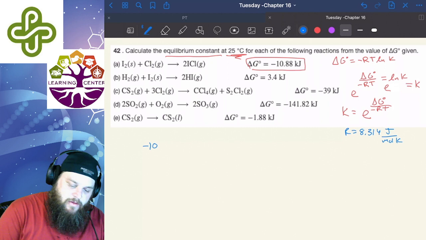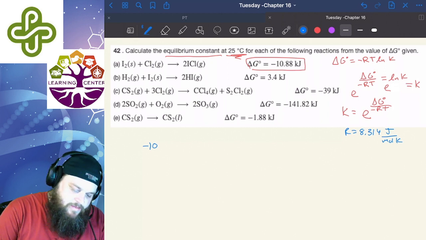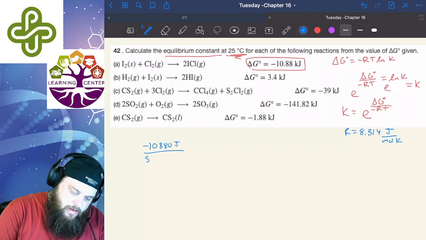So that's 10,880 joules divided by 8.314 joules per mole Kelvin times the temperature, which is 298.15 Kelvin.